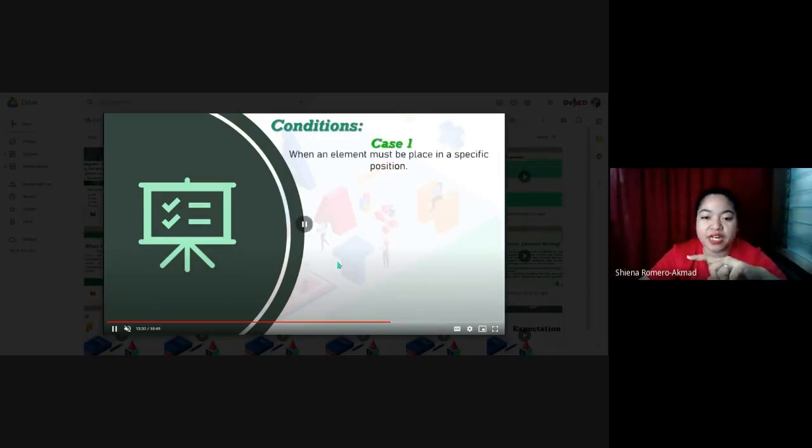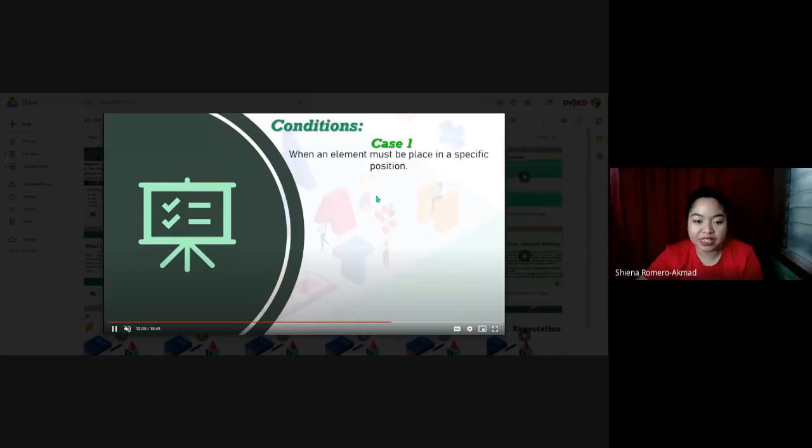The first is when an element must be placed in a specific position. You are given a situation where a person or a thing should be placed. So that is case number 1.